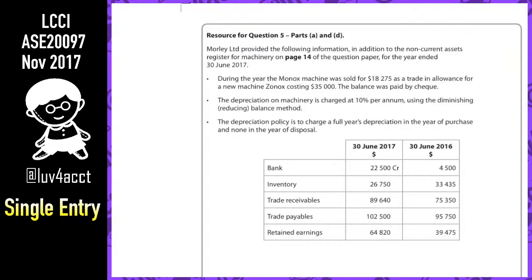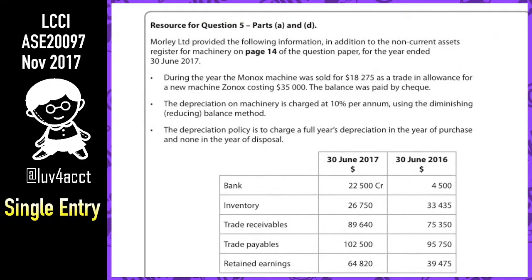Okay, we need it until here. So the machine was sold for this amount. This is needed later for the calculation of the statement of cash flows, for its disposal gain or loss. But here we don't need it. 10% reducing balance method and a new machine, 35,000.